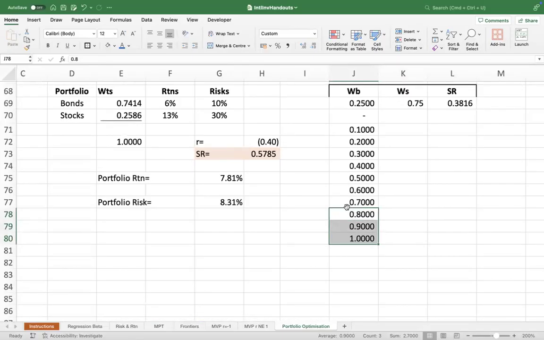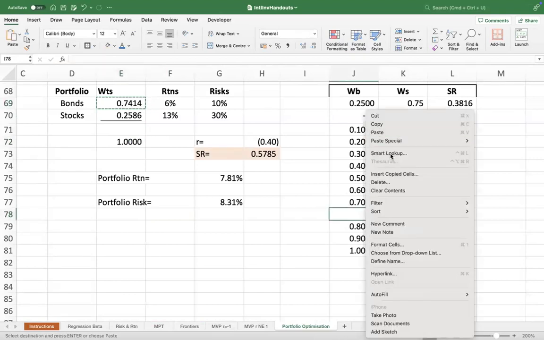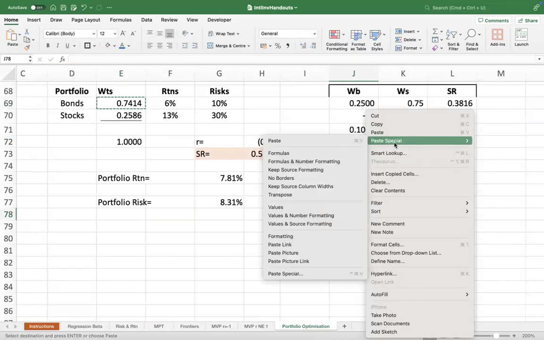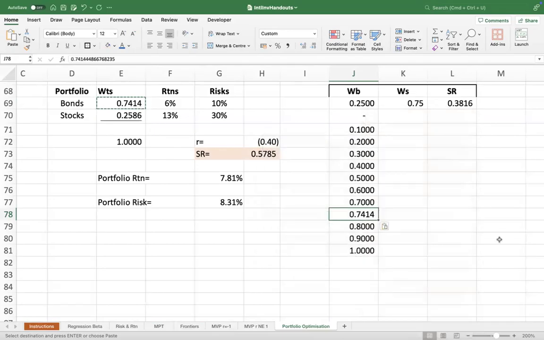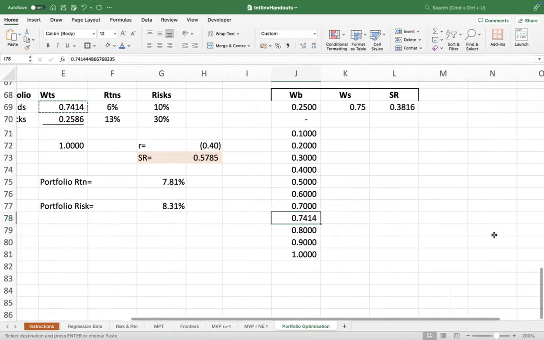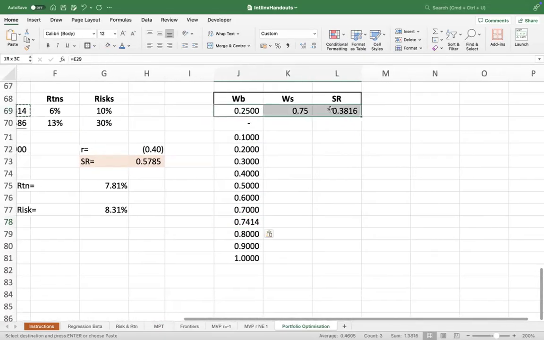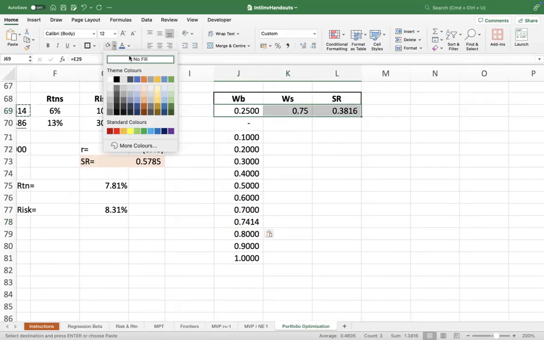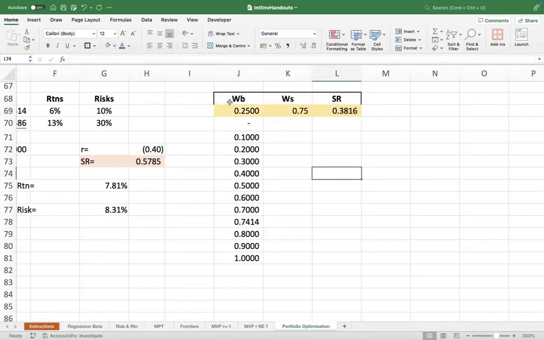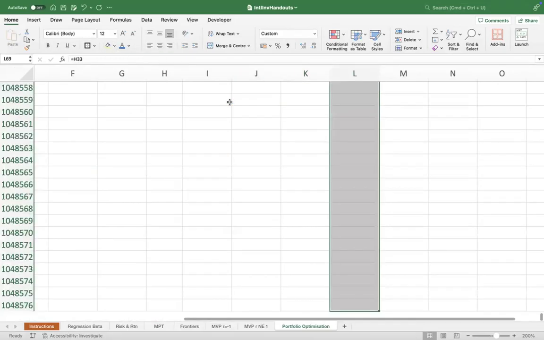And here I will take this 0.7414 from here and paste it here. Why? Because I want to see whether actually at that weight combination Sharpe's ratio is maximum or not. Again, this is my base case, so let this be. And let's construct now and see what happens.